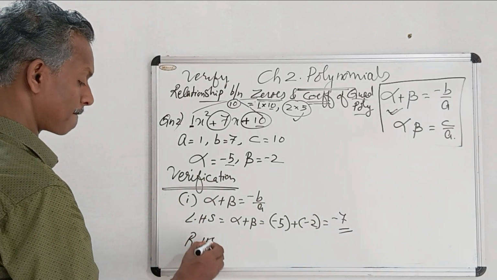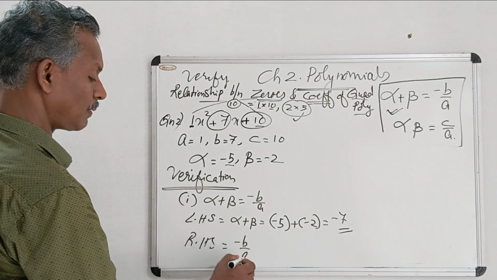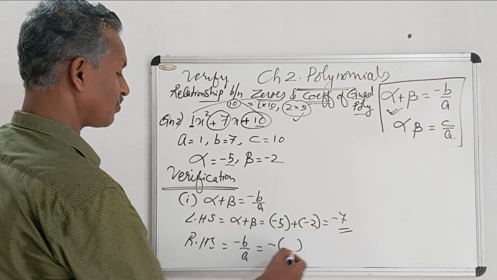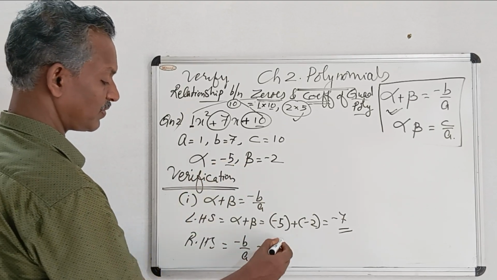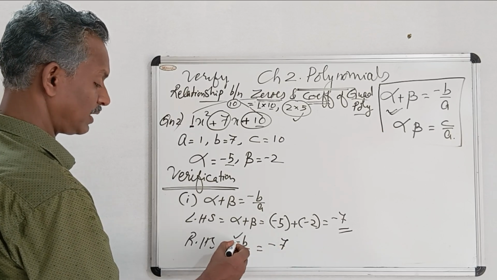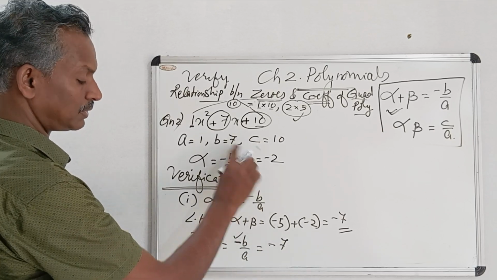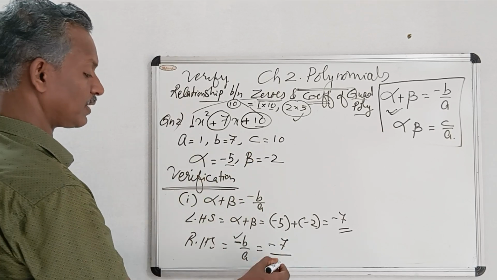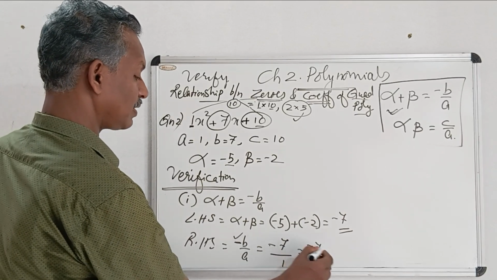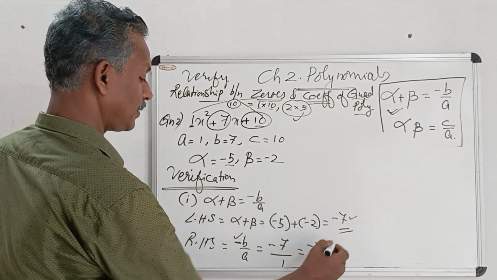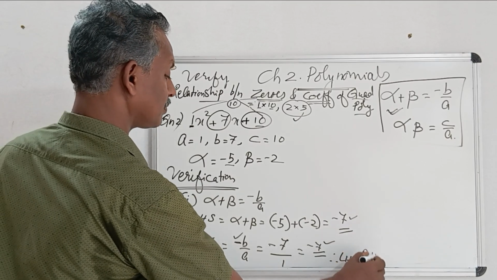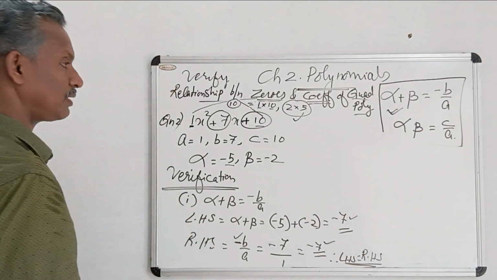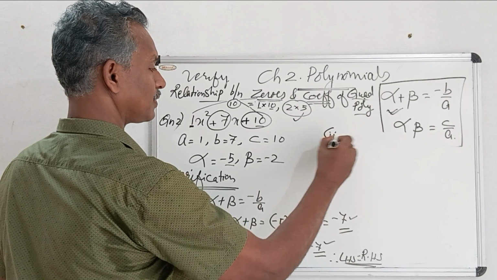RHS, minus b by a, minus of what is b? B is simply 7. So no need of bracket because only one sign. This sign only minus. 7, b is 7 positive, by a is 1. It is minus 7. So you can see both answers are same. Therefore LHS is equal to RHS. So this is verified.